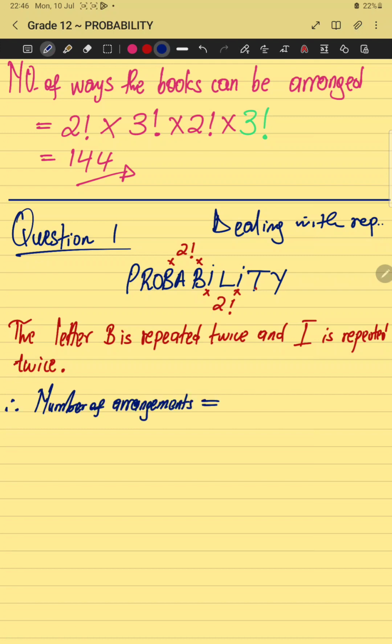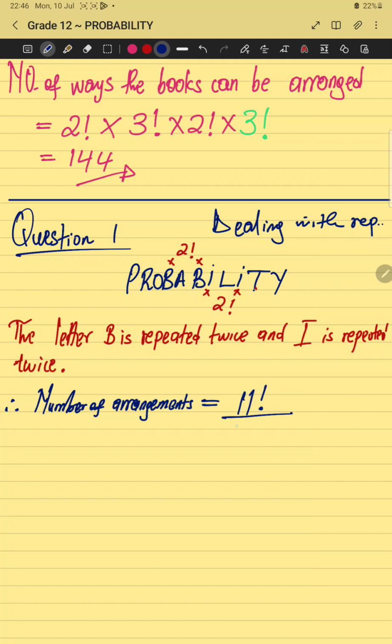Then here we're going to say the number of arrangements is equal to, then we count the total number of letters that the word probability has. How many letters? That is 11 letters, so 11 factorial divided by, and then in the denominator we check the number of letters that are repeated twice or thrice.